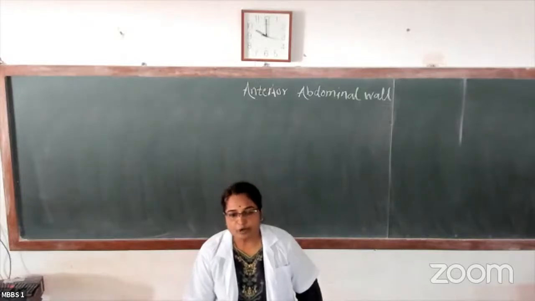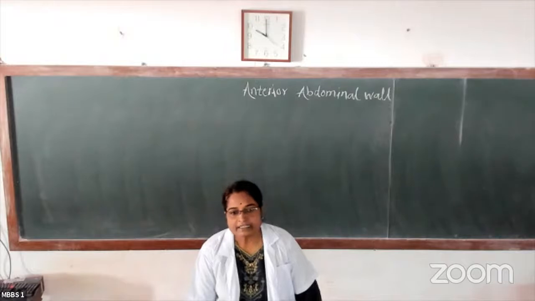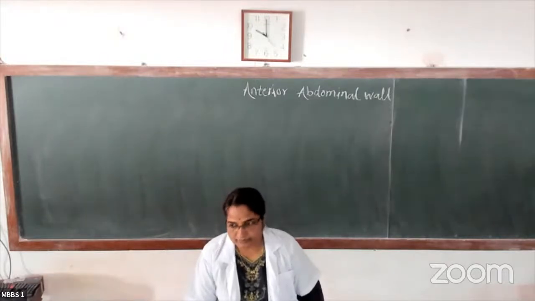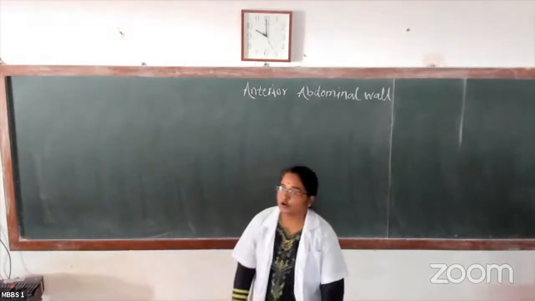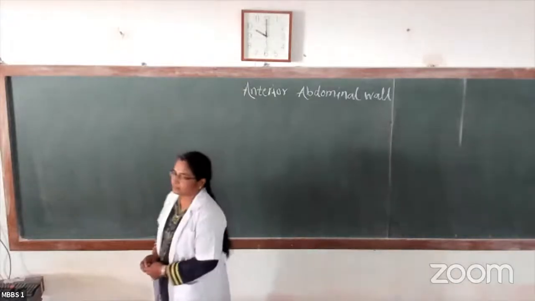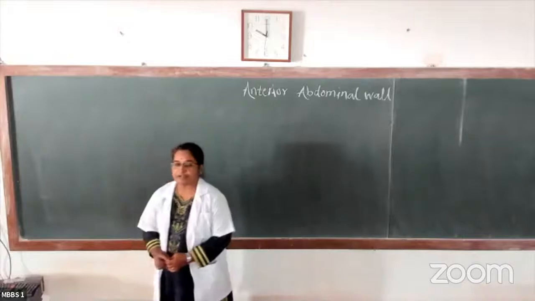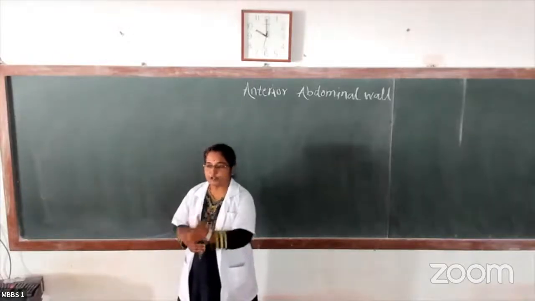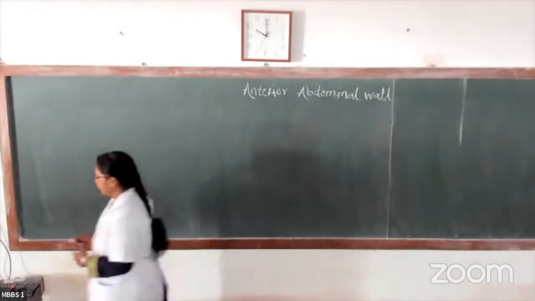The roof is formed by the undersurface of the diaphragm. The floor is formed by the pelvic diaphragm behind and urogenital diaphragm in front.